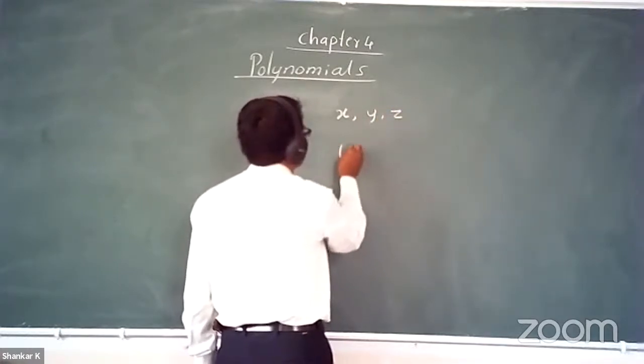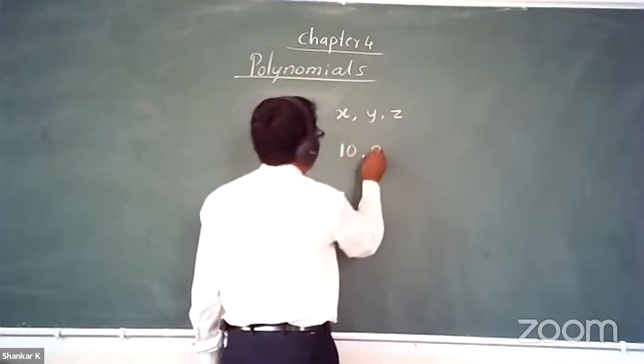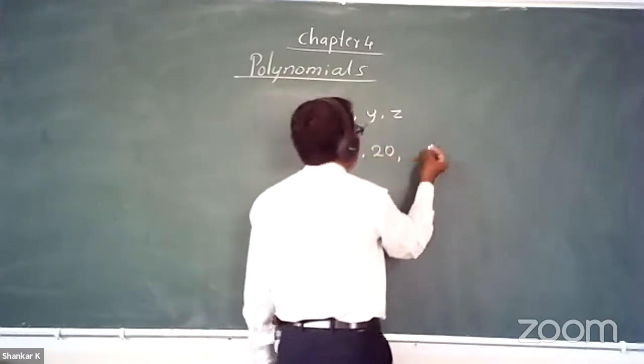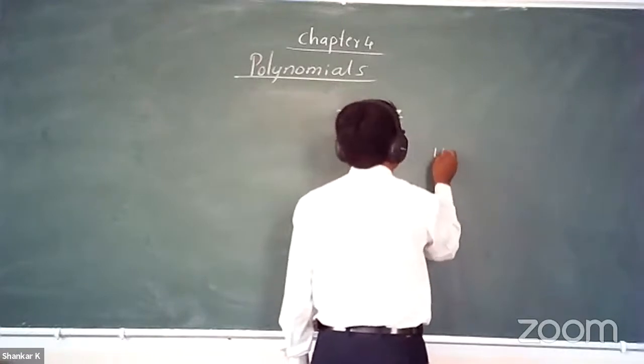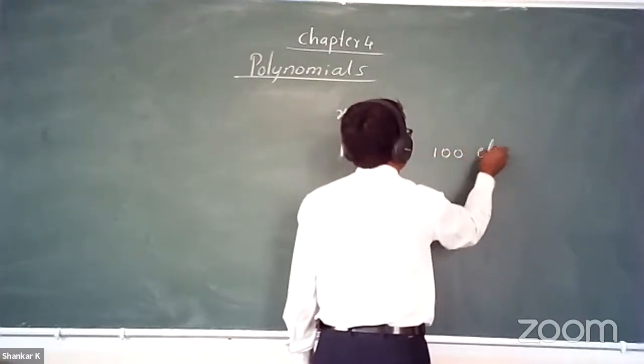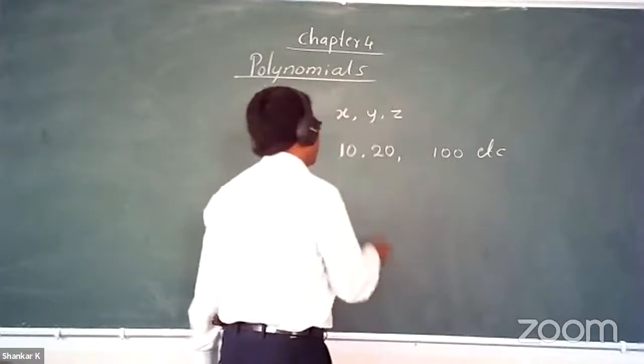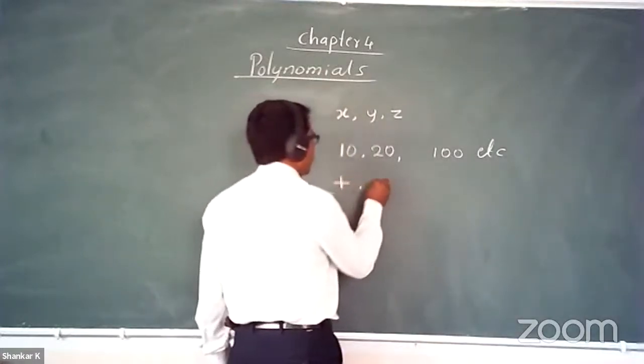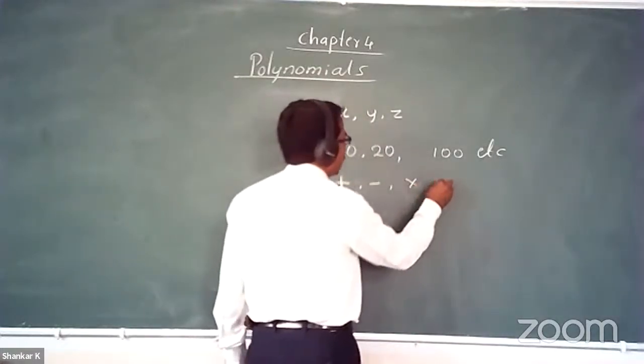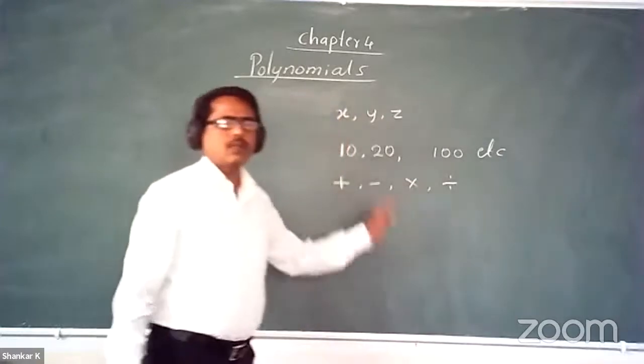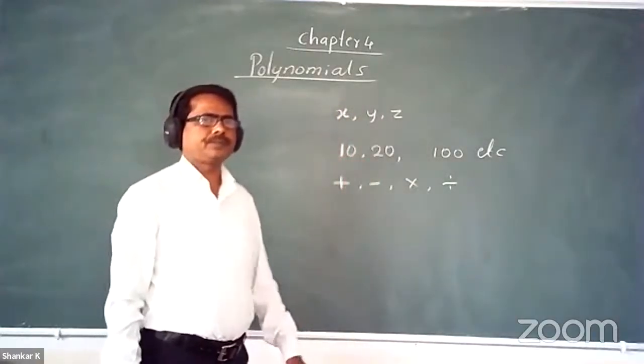Which are constants? 10, 20, all numbers are constants. Which are the arithmetic operators? Plus, minus, into, division. These are all arithmetic operators.